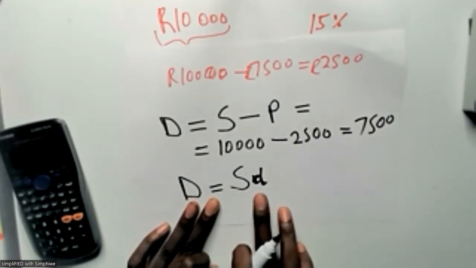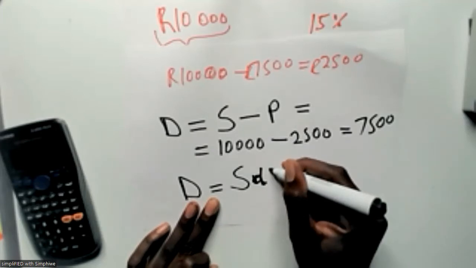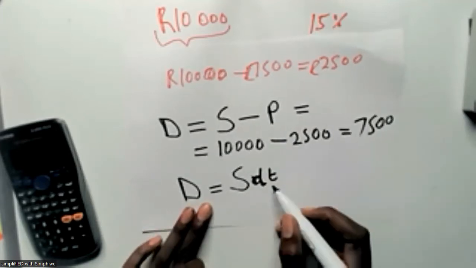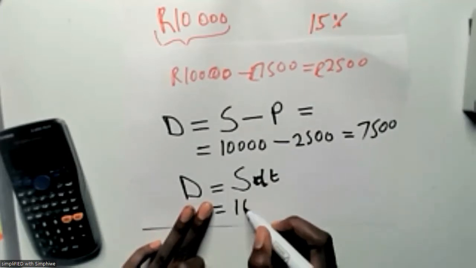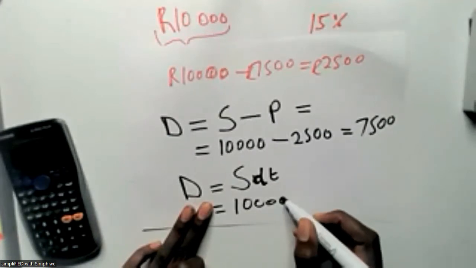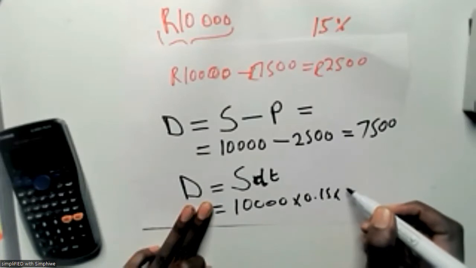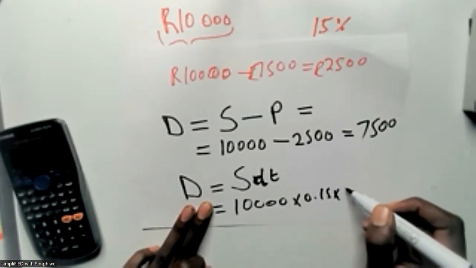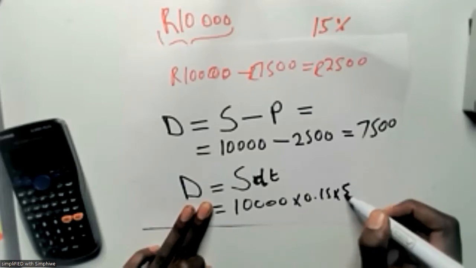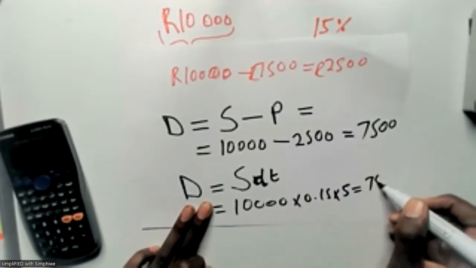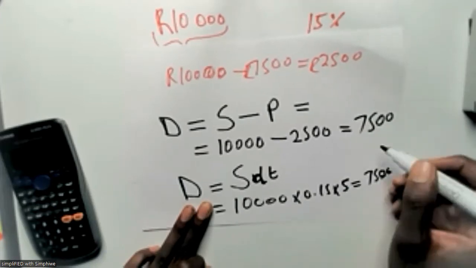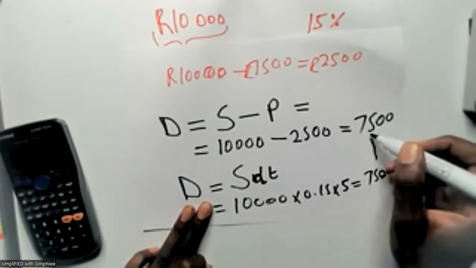We can substitute the R with the D, and T for the term. So whatever you were supposed to pay in future, multiplied by the discount rate of 15%, multiplied by the number of years. It would give me that very 7,500.